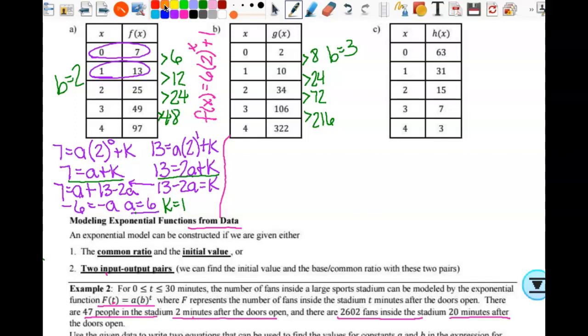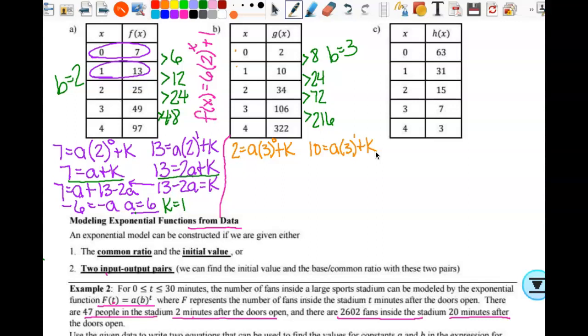All right, so I'm going to use, again, just the first 2 sets of points. So g of 0, which is 2, is equal to a, which I don't know, times b, which is 3, to the 0 power plus k. Go ahead and write down what you think your second equation is, and we'll make sure we agree. We agree with that one?